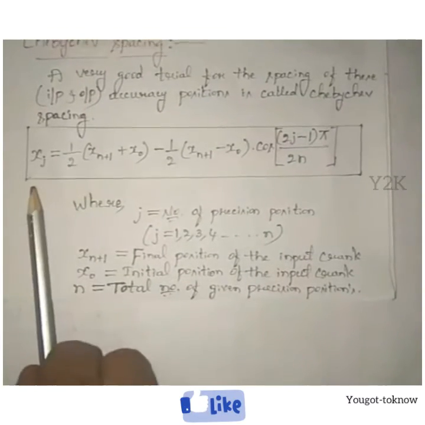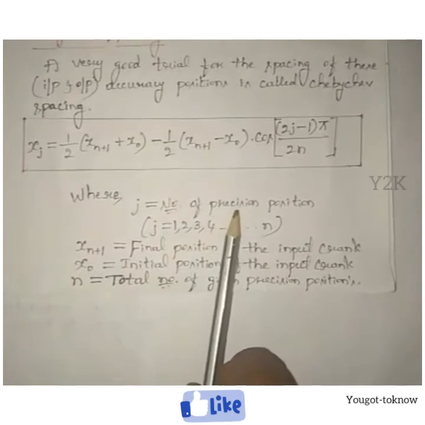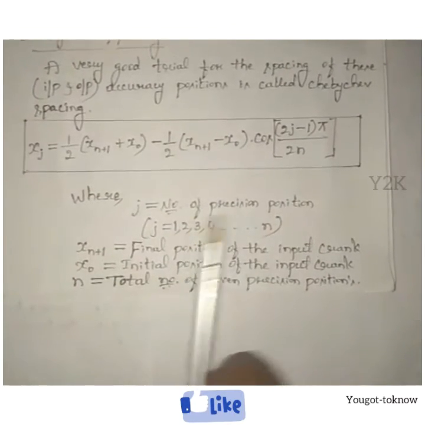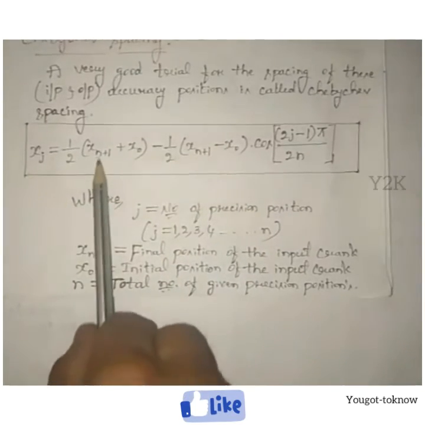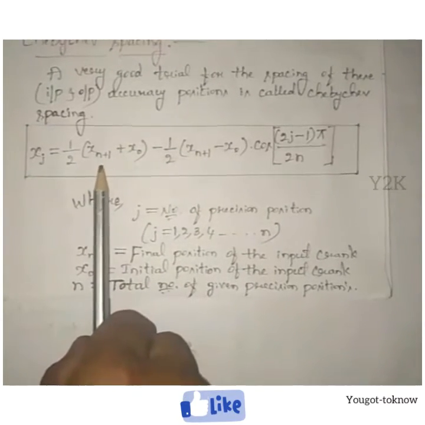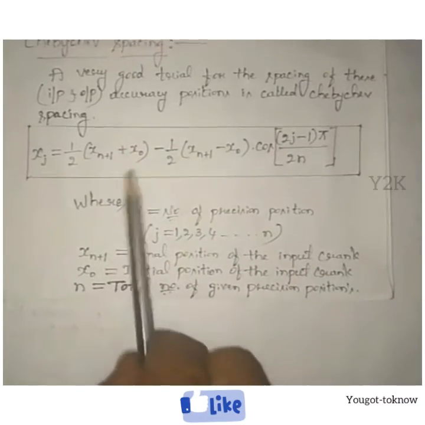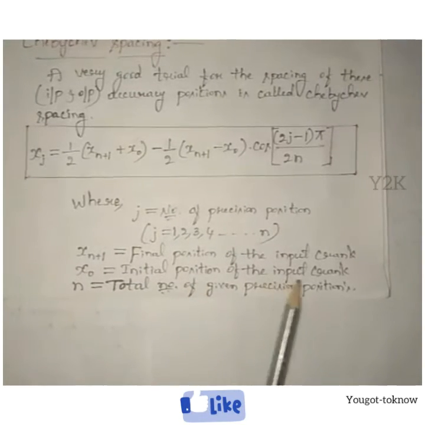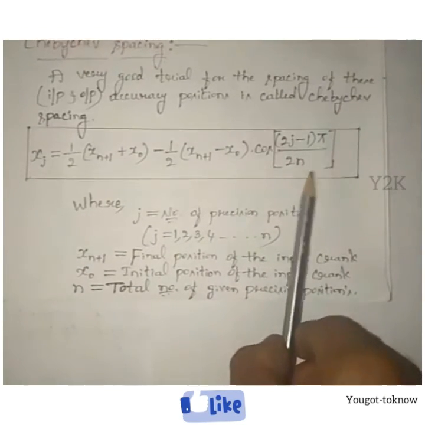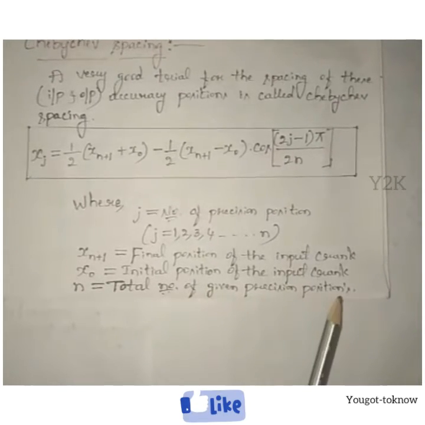In this equation, j is the number of precision positions. It can vary from 1 to n. x suffix n+1 is the final position of the input crank. x suffix 0 is the initial position of the input crank. n is the total number of given precision positions.